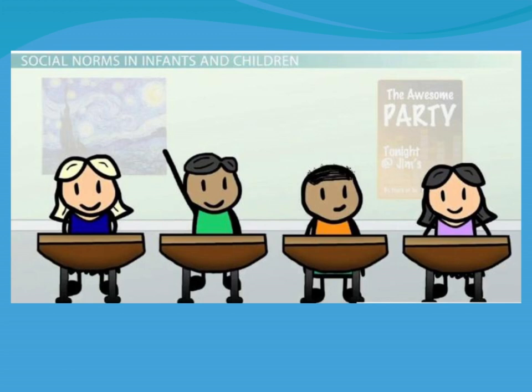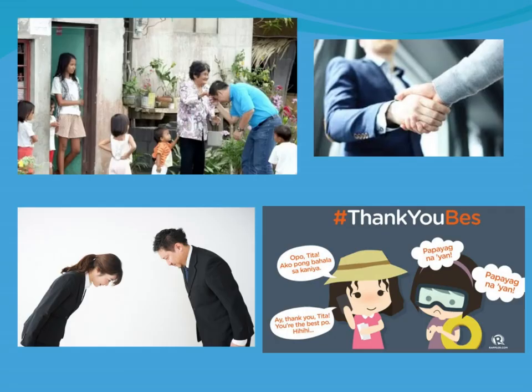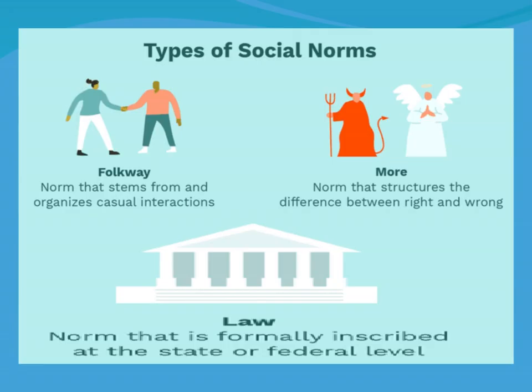When we get older, we seldom enjoy our studies anymore. And a good sign of being a good athlete is sportsmanship, which we often see in any playing arena. And of course, greetings like pagmamano, shaking hands, bowing our heads, and saying thank you. There are three types of social norms.